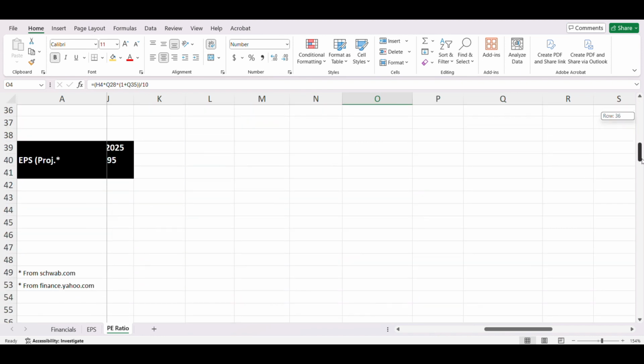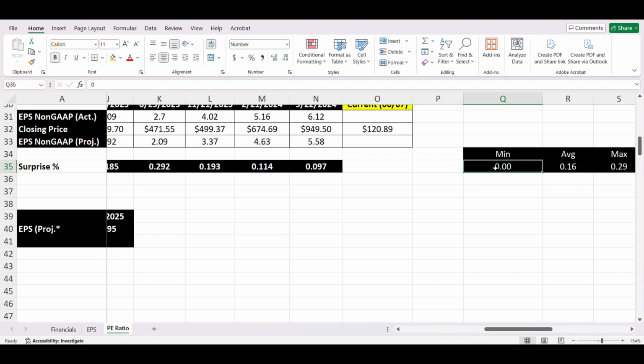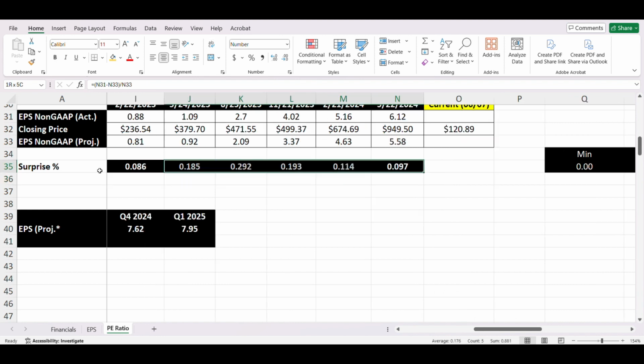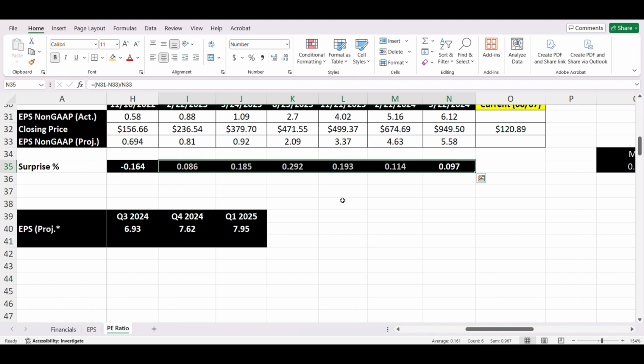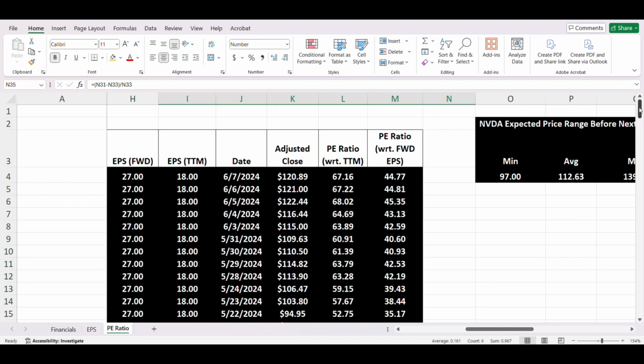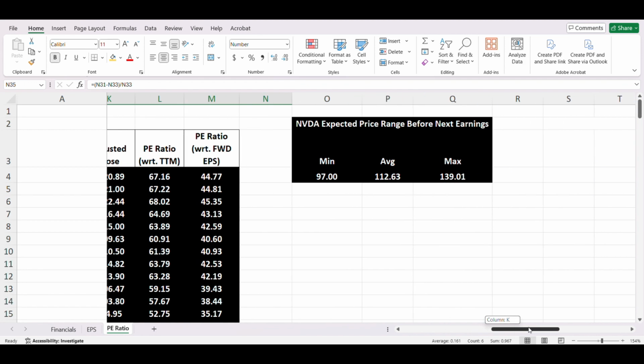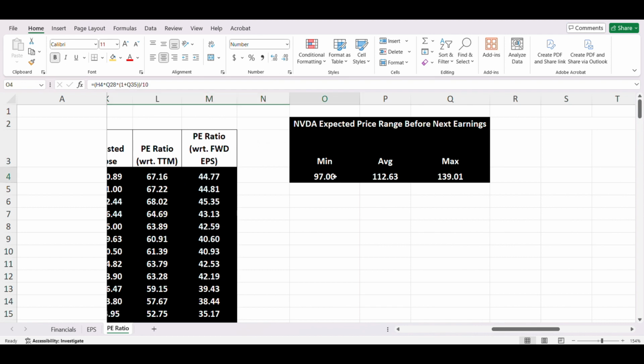So in this case, for the minimum value, I'm using zero earning surprise. There were some negative earning surprises I don't want to use in the calculation because that will give me a misleading minimum stock price. So if I use those three factors and then divide by 10 because we got the 10 to 1 split, this gives me 97 as the minimum stock price for Nvidia before the next earnings.